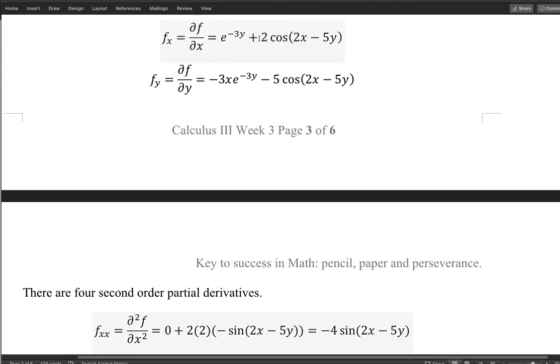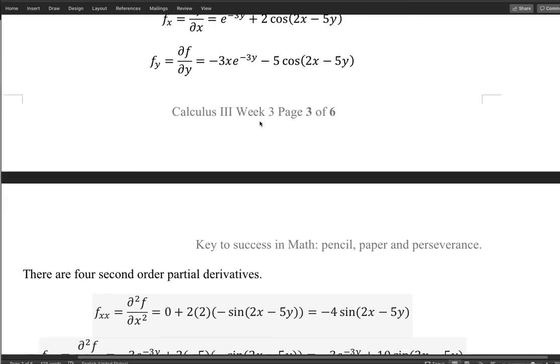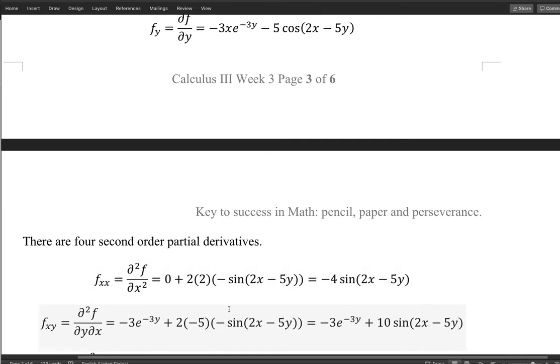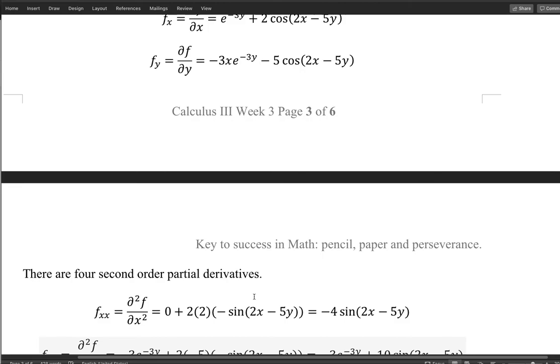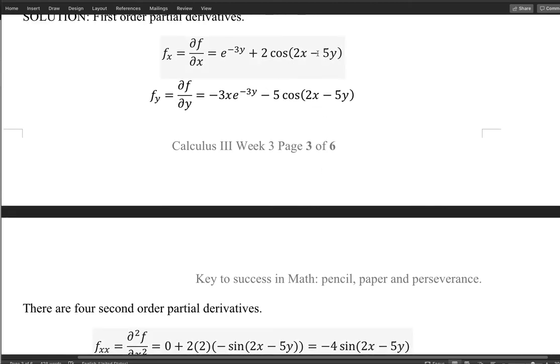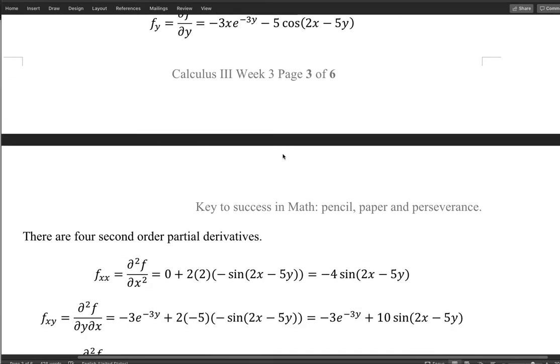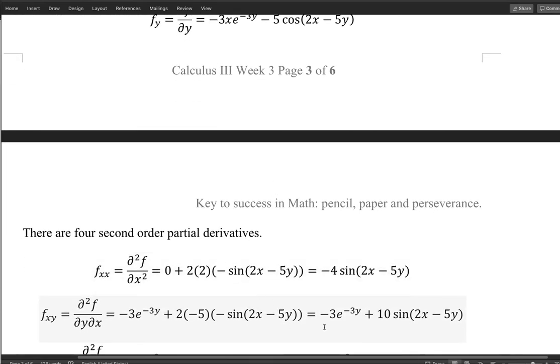For the other term, the derivative of cosine turns into negative sine, and from the inside we have another negative 5, from the chain rule. So fxy turns out to be such.